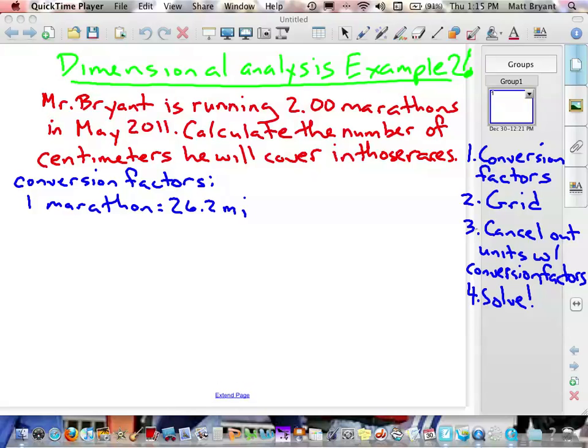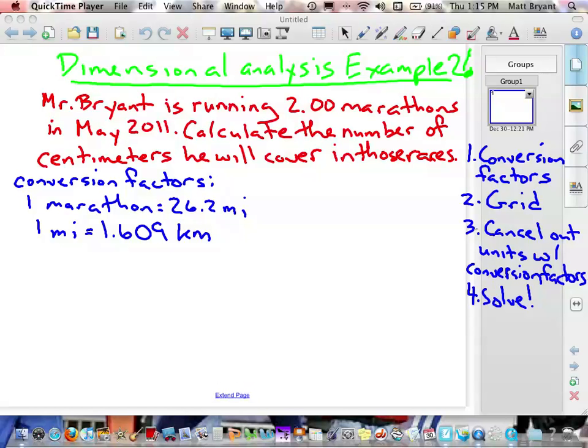Then, the next thing we need to know is that 1 mile, since we're dealing with the metric system here, and, well, we don't think in the metric system very well, 1 mile is equal to 1.609 kilometers. Now, in this particular example, that's all I give you.